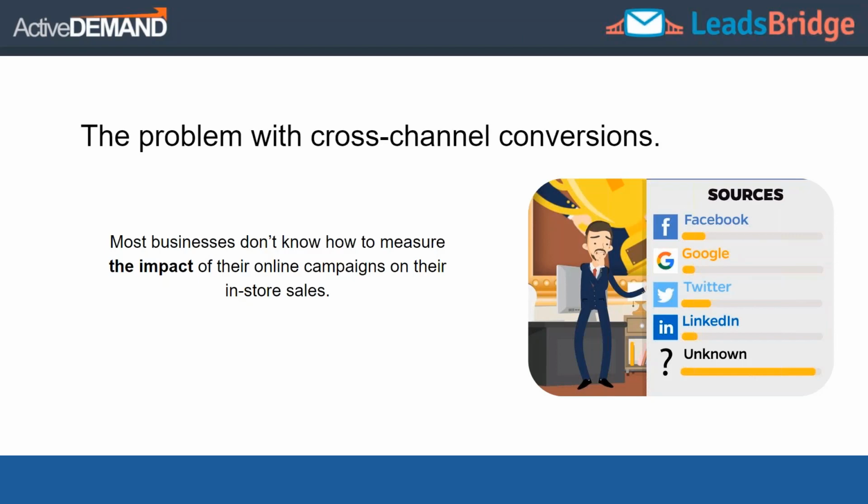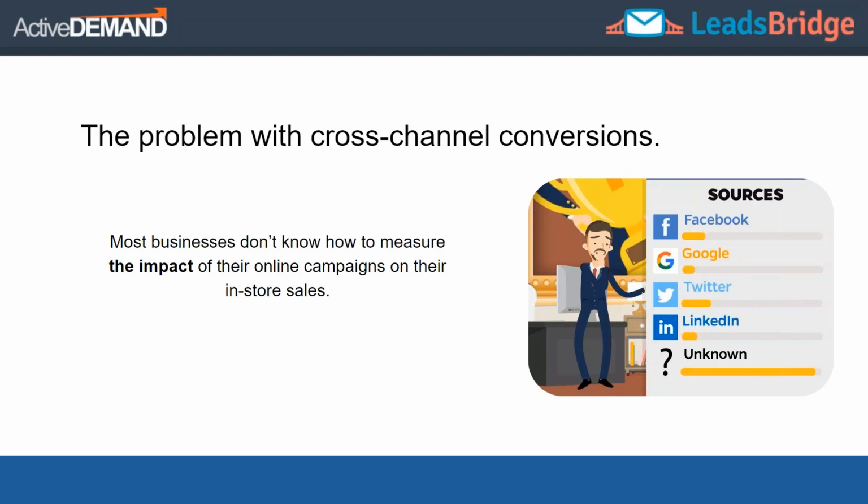So a lead that you generated and you manage through, for example, ActiveDemand, that follows the automation perfectly and then comes to the store and purchases there. How can you understand if the ads that you used to generate these leads were actually successful?